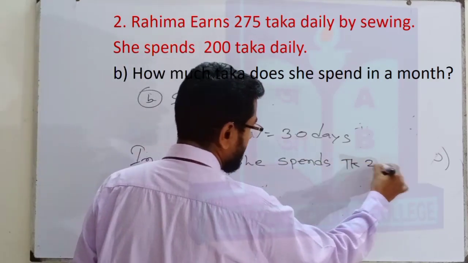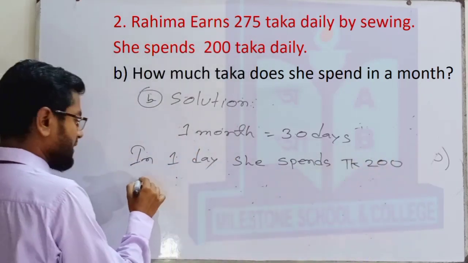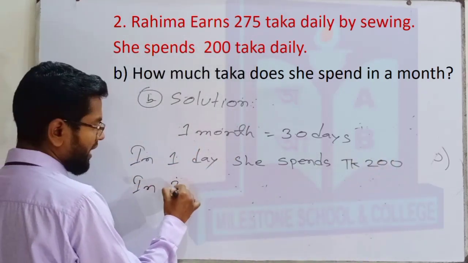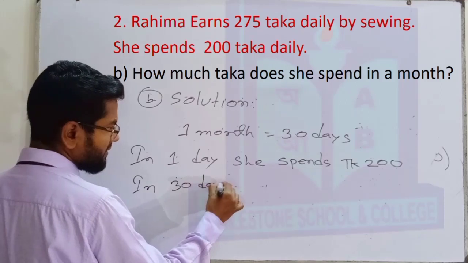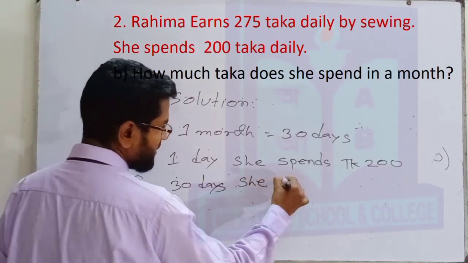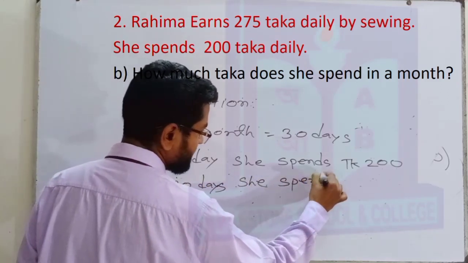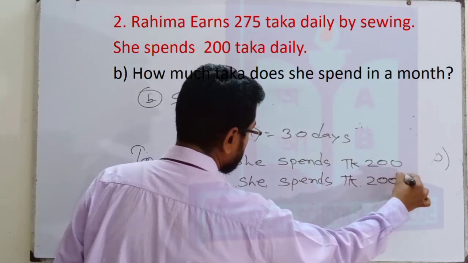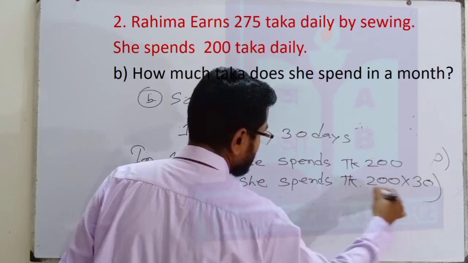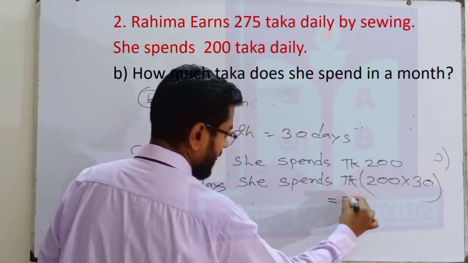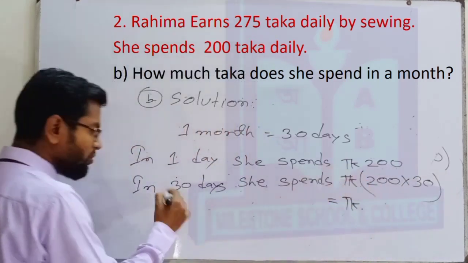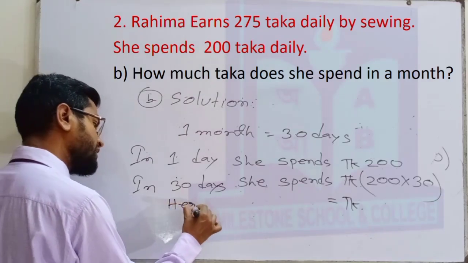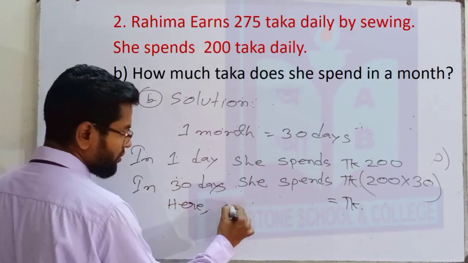Taka 200. In 30 days she spends taka 200 multiply 30. So I want to see that you can multiply this very fast.